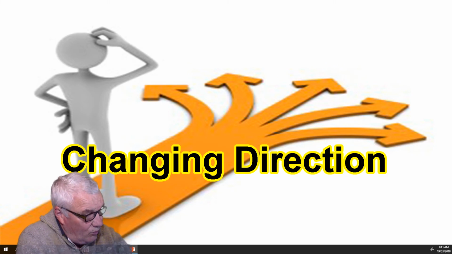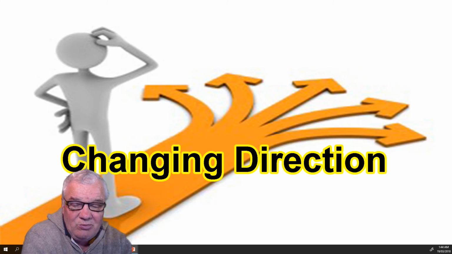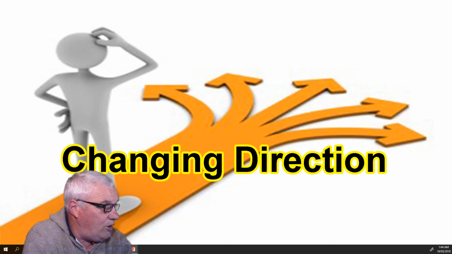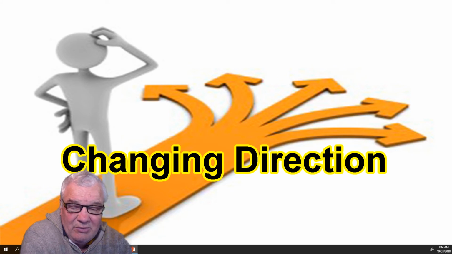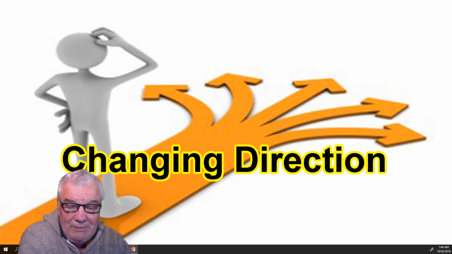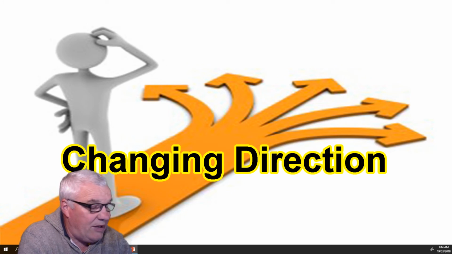However, if you're heading under the line at this point in time, you do need to change direction, because otherwise you're heading for, well, a failure. And failure could mean that you'll have to come back and do maths again, and that you'll have to pay another fee to do that. So that's going to take more time and more money. More of your time and more of your money.